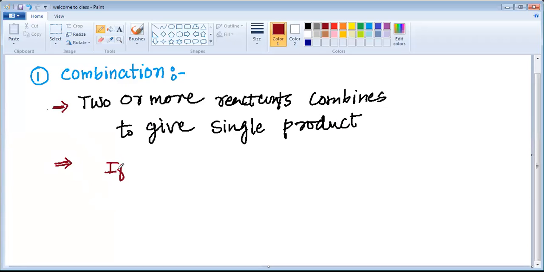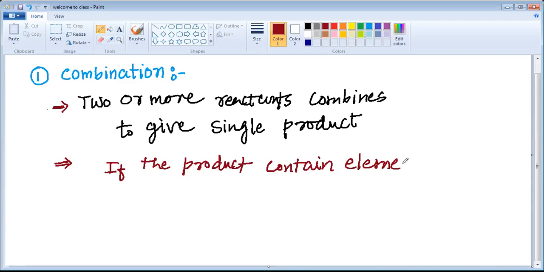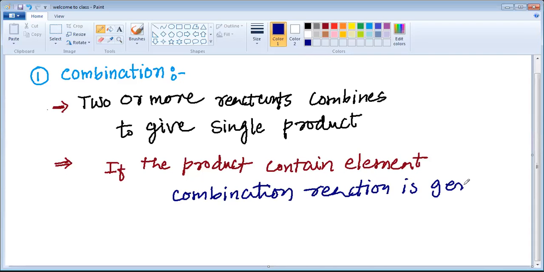If the product contains an element, the combination reaction is generally exothermic in nature.